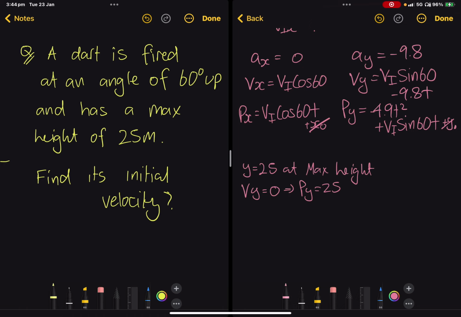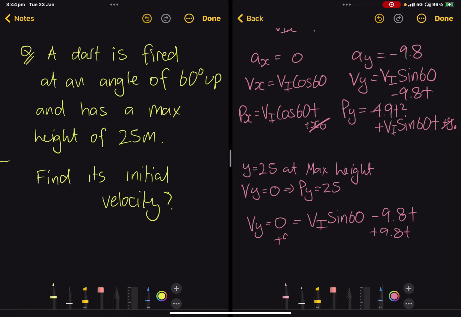We don't know what this time is, but we know that these things happen at this same time. So we're going to use the velocity in y formula here. We're going to say that the velocity in y is equal to 0, and this is equal to the initial velocity times sine of 60 minus 9.8 times time.